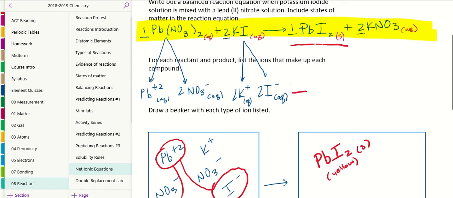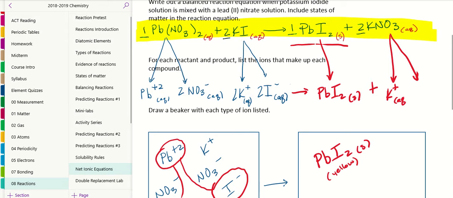Well, if we write out the rest of this reaction, we have PbI2 solid plus, what's going to happen to the K plus? It stays in the solution, aqueous, and NO3 minus, aqueous.